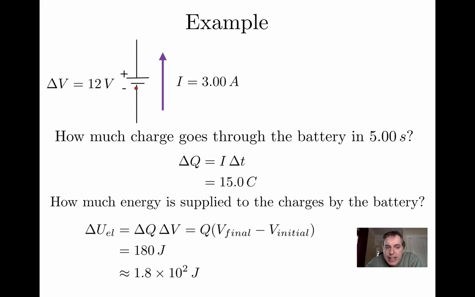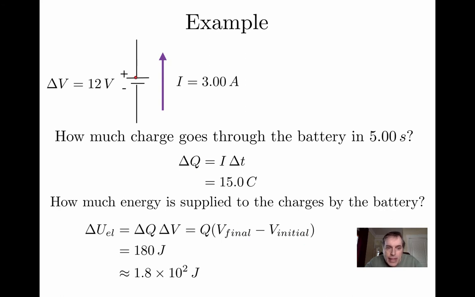So we use this point here as the initial point before they enter the battery, and this is the final point. So V final is the electric potential here, which we don't know. Remember, V is like Y. I don't know the value of V here, and I don't know the V here. But I want V final minus V initial.